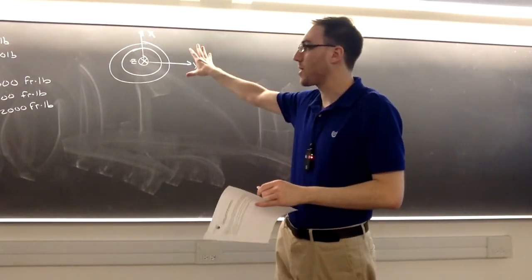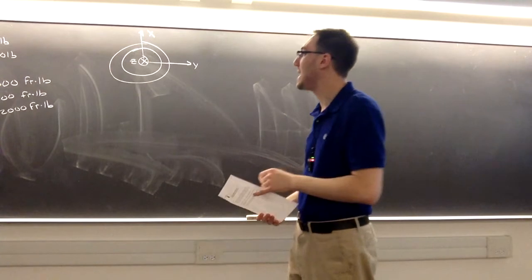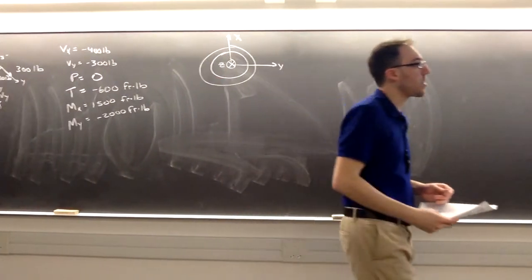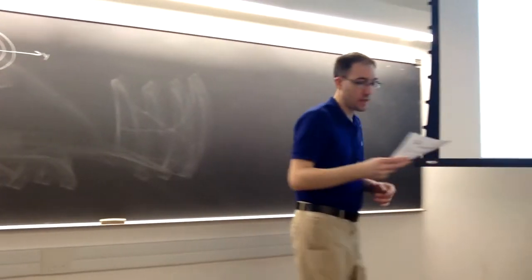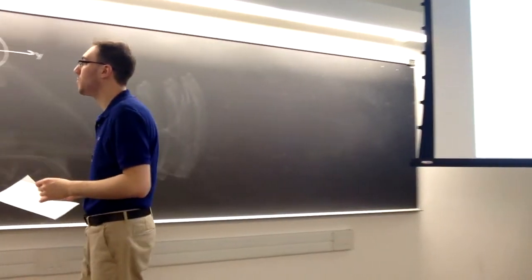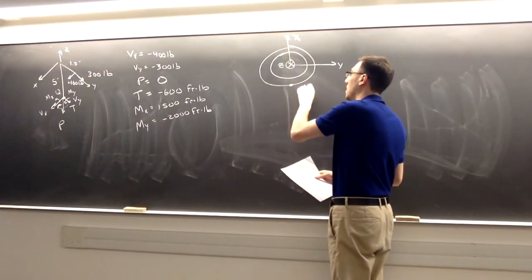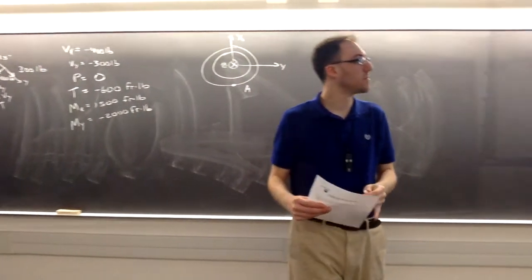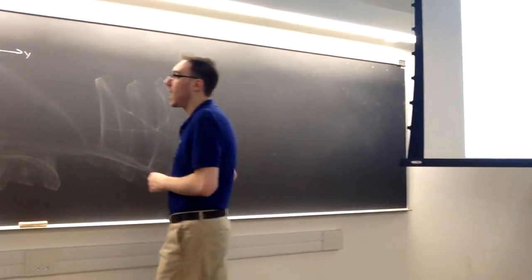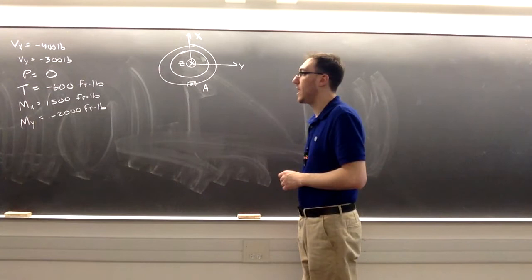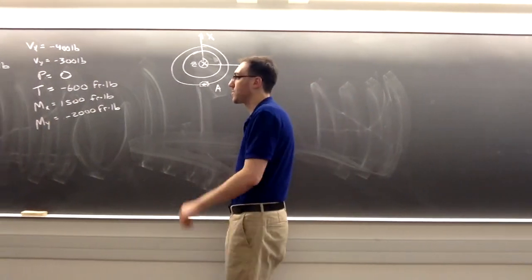This is just a reorientation of this viewpoint. Now, from this cross-section, first of all, I can see where A is. A is going to be, from this viewpoint, the bottom of my cross-section. I want to copy onto this picture the forces and moments that I already found, but now facing the correct direction.